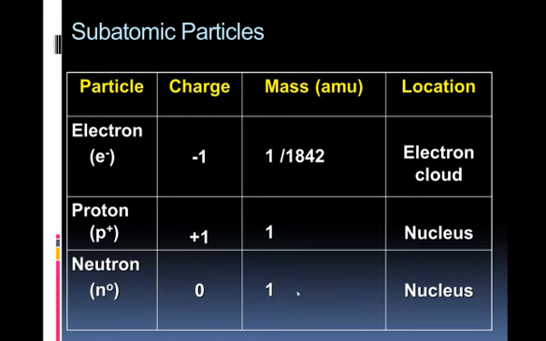Notice it's about the same size as a proton. Again, your protons and your neutrons are large when compared to the electron. It is also located in the nucleus. Those are the 3 basic subatomic particles that you need to know. You need to know the symbols, you need to know the charge, the mass in AMUs, and where it's located.